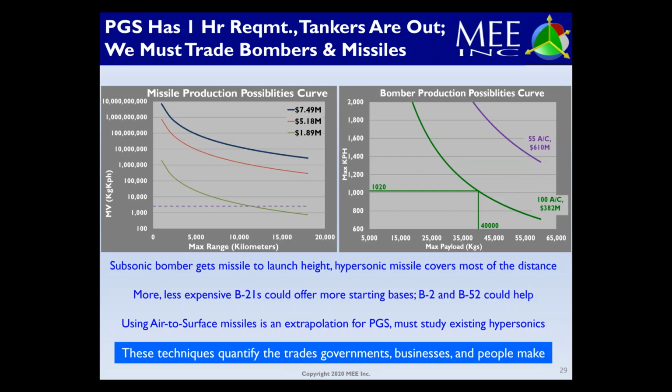You can imagine that plane flying for 30 to 50 minutes at high subsonic speed, and then launching a hypersonic missile going at 4,000 miles an hour that might have a range of, say, 2,000 clicks. Then you have to figure out how close you need to be to your targets in order to cover all the targets you want to cover.